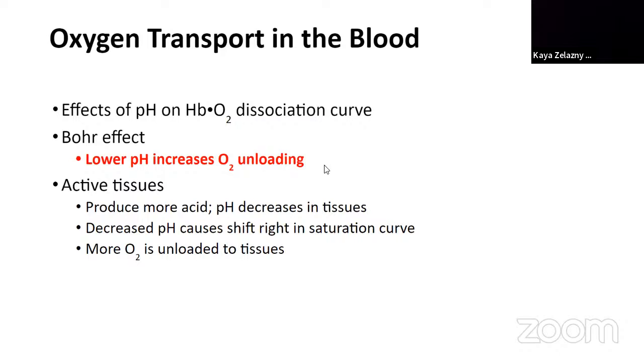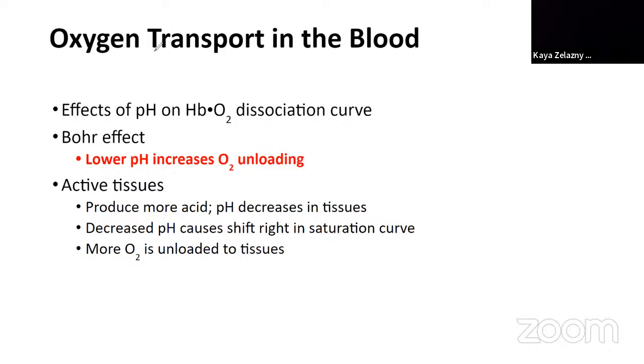So acid at the tissue end means that it becomes easier to unload the oxygen, which is great because those tissues producing the acid are active, meaning they need more oxygen, right? So this is really helpful that this decrease in pH is causing a right shift to the saturation curve.